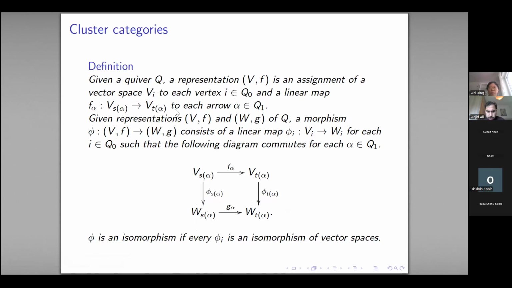So we can consider the category of representations of the quiver Q, with objects being representations and morphisms being these morphisms between representations. And then we get a category. And that's the main thing we start with in our construction.